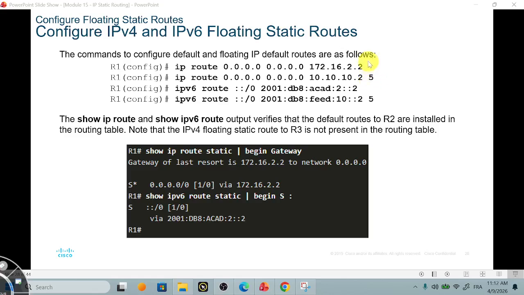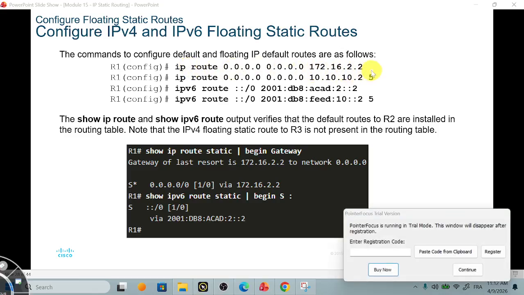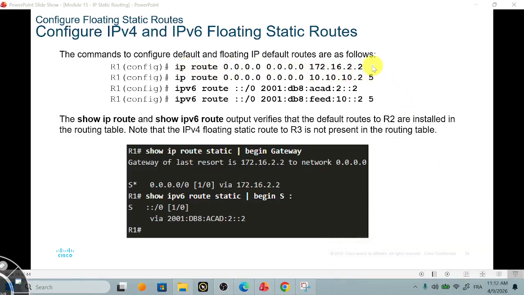Here it's by default 1, and here 1, and this is 5. So whenever this route is active, the router will always choose it because its AD is 1 by default. If this path goes off, it will use this one as a backup.